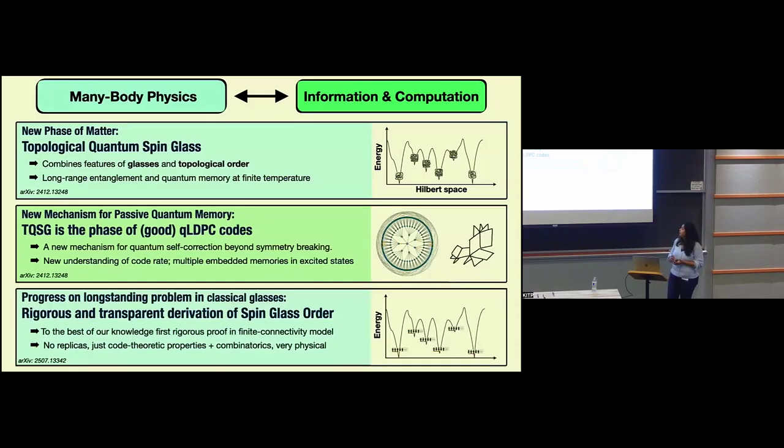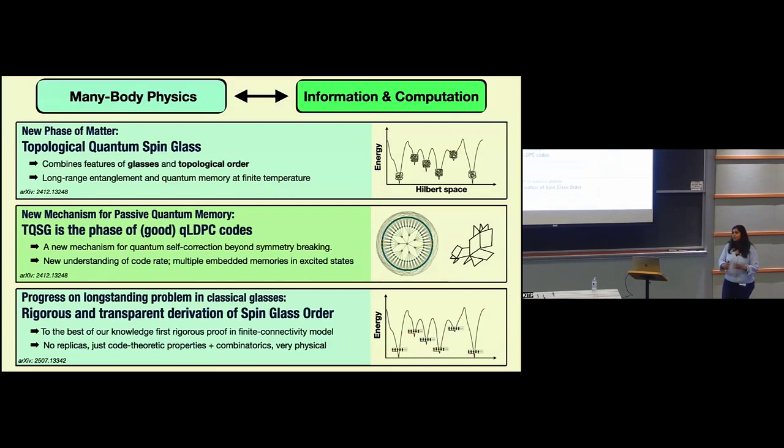And what I found actually pretty exciting is that we were able to rigorously prove the existence of this phase. Okay, rigorously prove the existence of spin glass order and this topological feature. And rigorous results in spin glasses, even on classical spin glasses, which have been around for 40 years, are actually very rare.